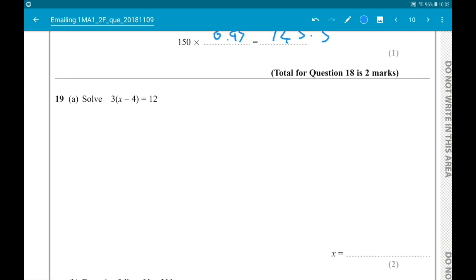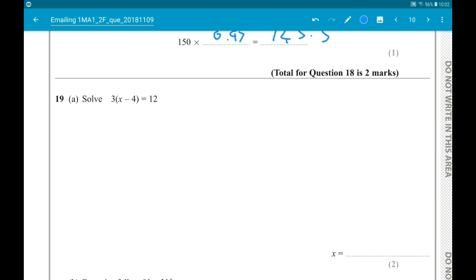Okay, 19a, we want to solve 3 lots of x minus 4 is equal to 12. So, two choices, we could expand the brackets and then solve, or we can just get rid of the 3 now. So the 3 is multiplying the brackets.